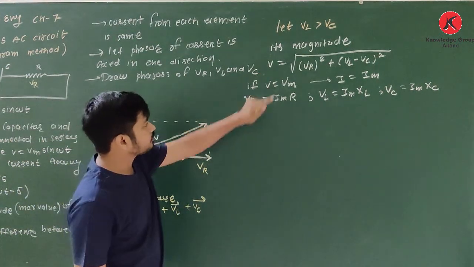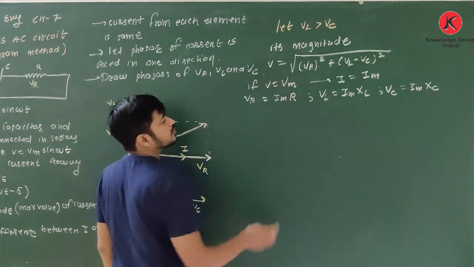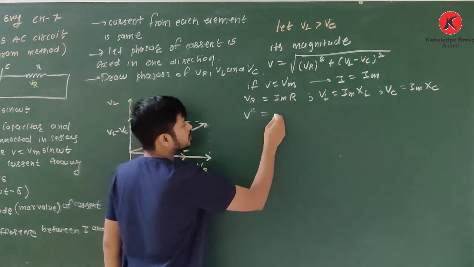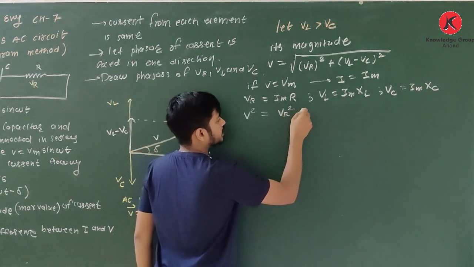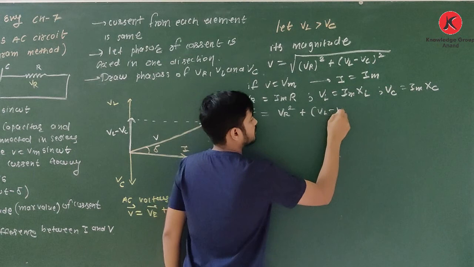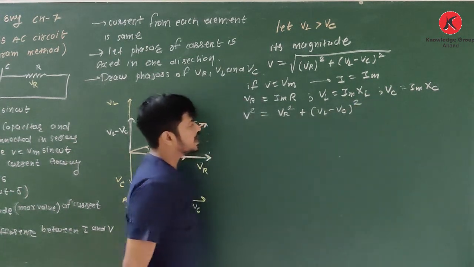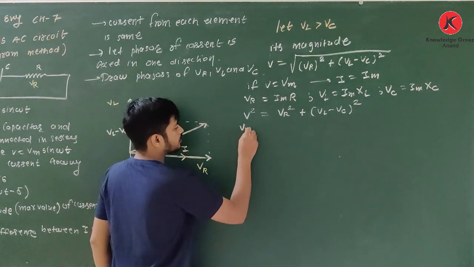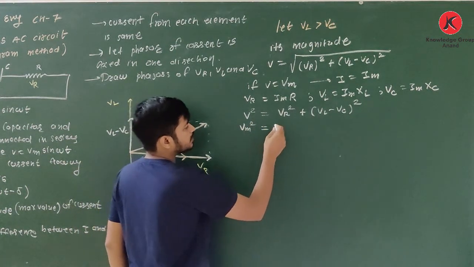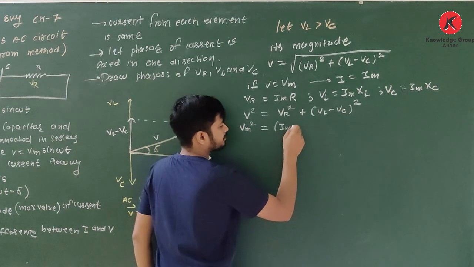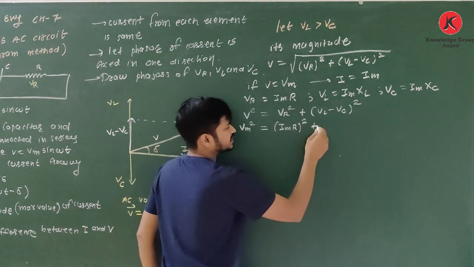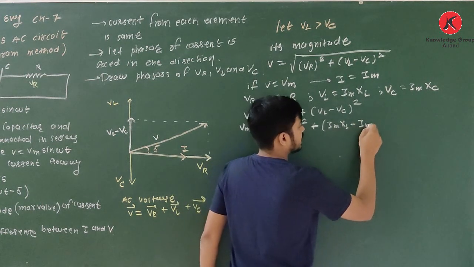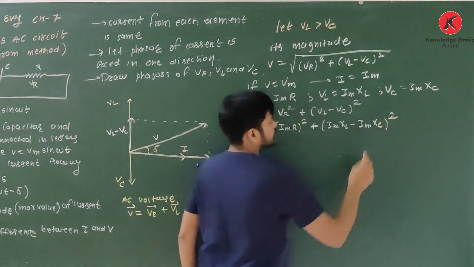Now if I square this equation on both sides, I get V square is equal to VR square plus VL minus VC whole square. Any doubt? Now replacing V by Vm, Vm square is equal to Im R whole square plus Im XL minus Im XC whole square.